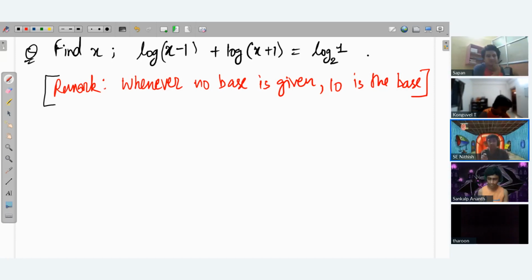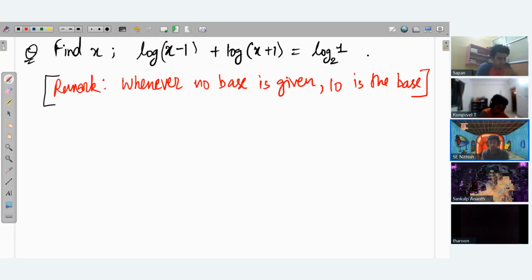I'm not telling it's 2. See, I'm telling if log 1 base 2 is 0, that means for both, log to the base 10 of x minus 1 is also 0, sir.